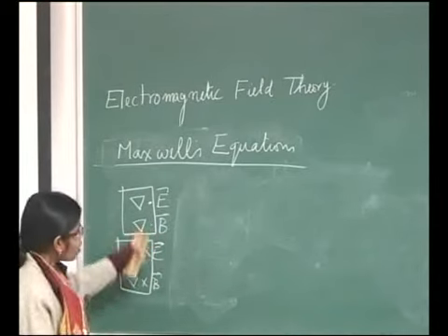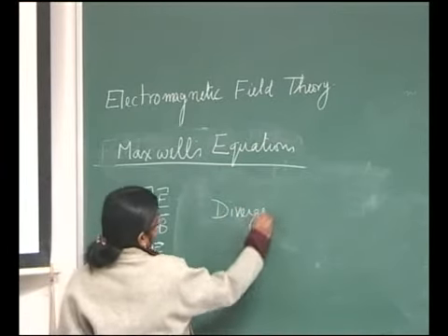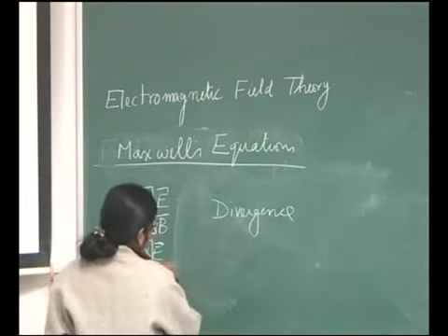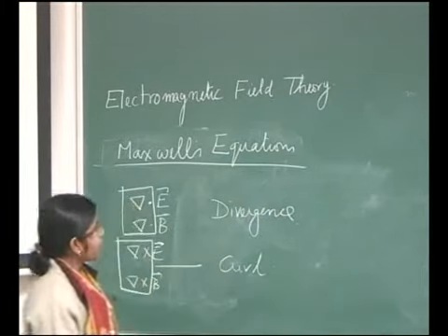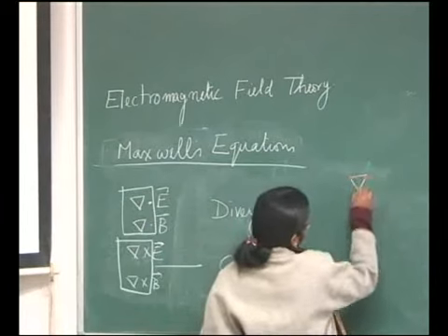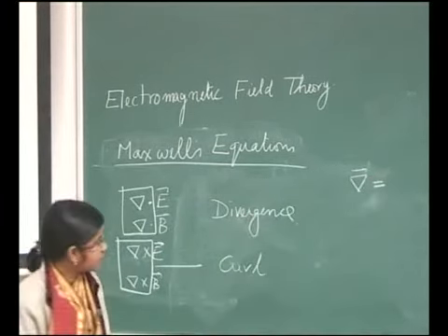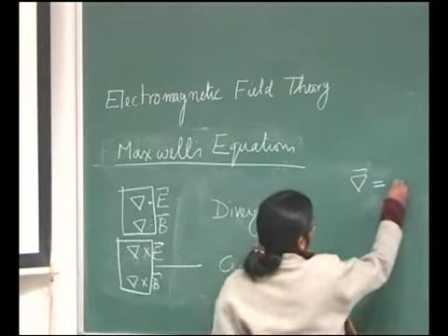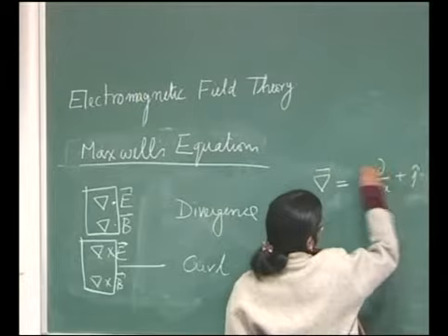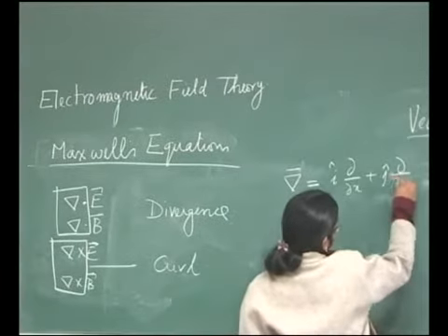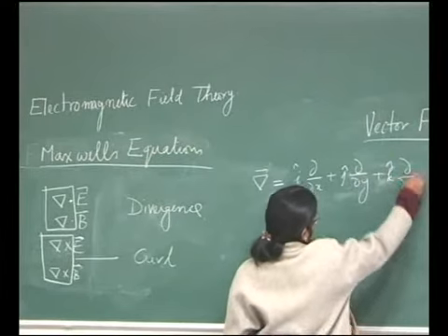This we call divergence, and this we call curl. This operator is the differential operator del, which is vector in nature and defined as i del by del x, j del by del y, and k del by del z.